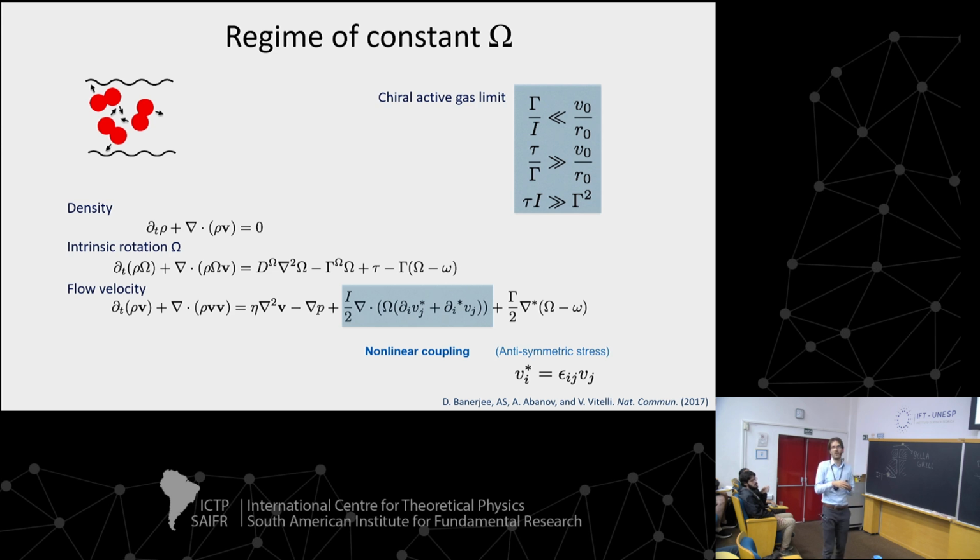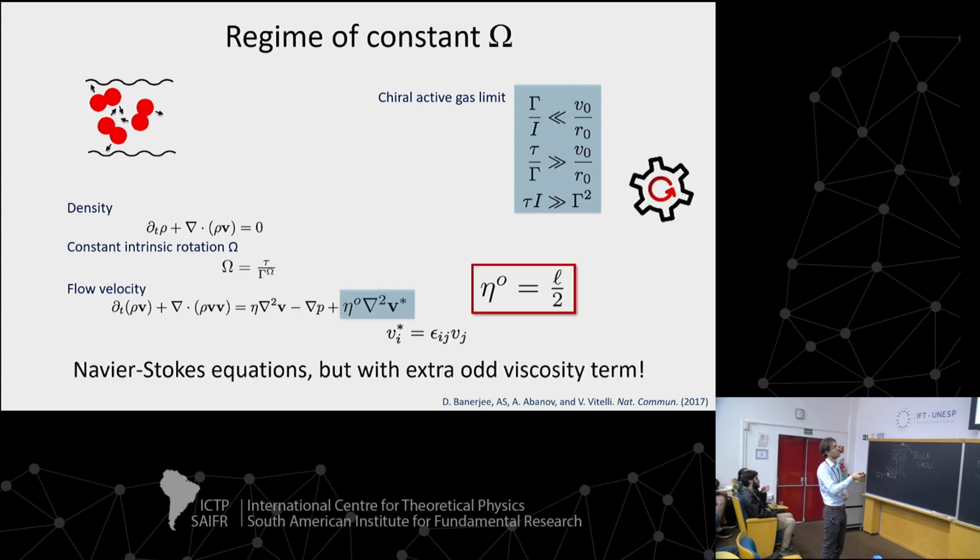So the particles are mostly rotating with their preferred velocity, but then collide once in a while, something changes, and then they go back to their preferred velocity. So when you go into this limit, you can say, well, my intrinsic rotation rate is going to be constant most of the time. It's constant to a good approximation. So I no longer have a dynamical equation for it. I just have a constant rotation rate for every particle.